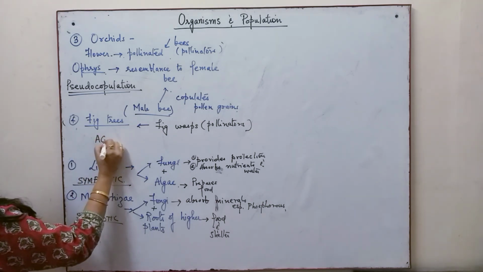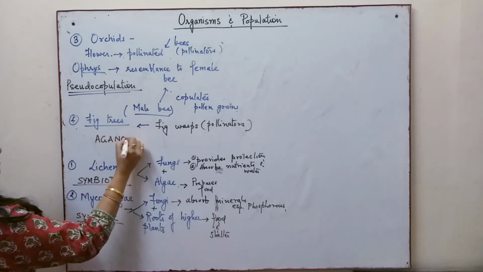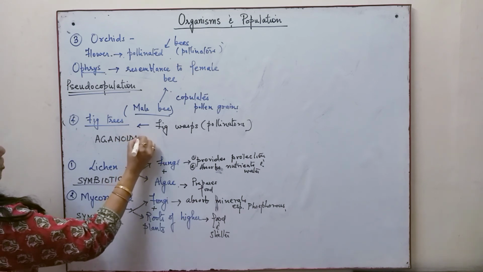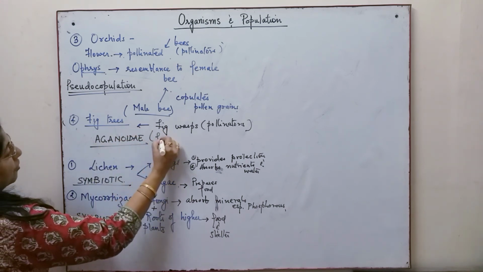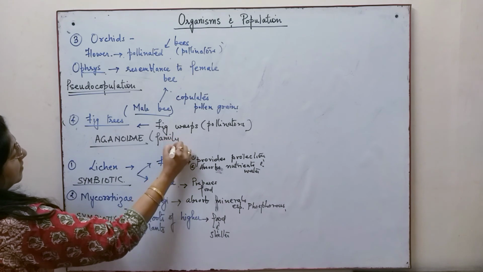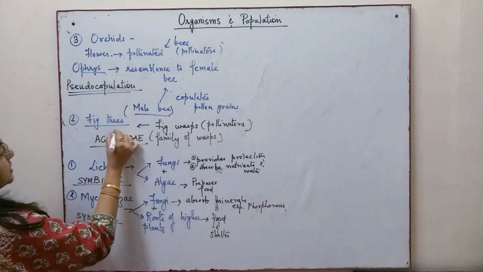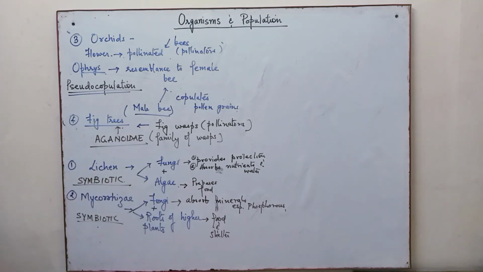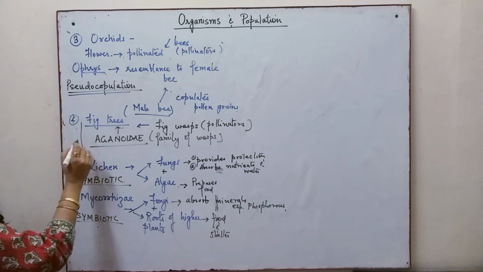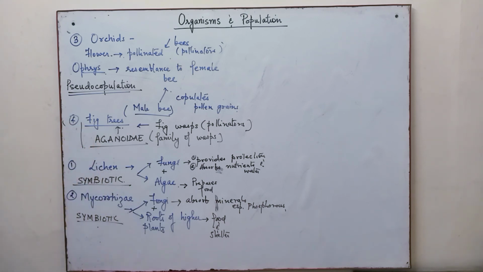So the members of this family of wasps are only capable of pollinating the fig trees. And again, there is a one-to-one relationship. Now, over here, it is an example of obligate or compulsory mutualism. This is an example of obligate mutualism.